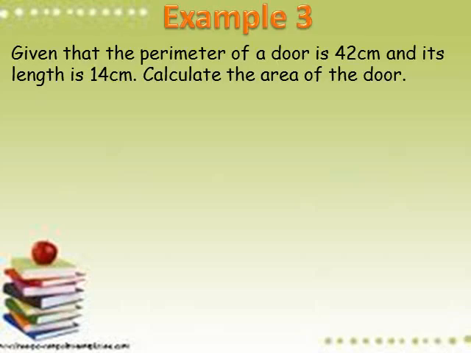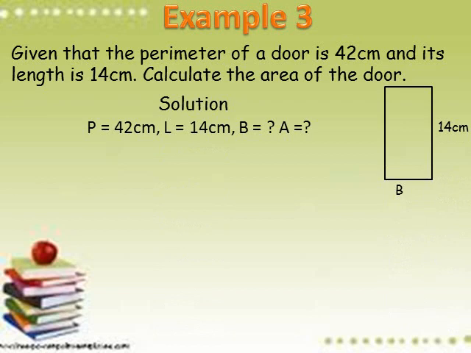Let's take another example. Given that the perimeter of a door is 42 centimeters and its length is 14 centimeters, calculate the area of the door. Now we want to find the area. Let's first write out our parameters. The perimeter is 42 centimeters.